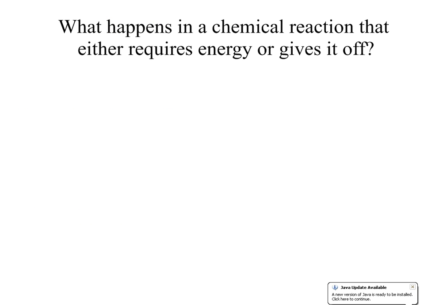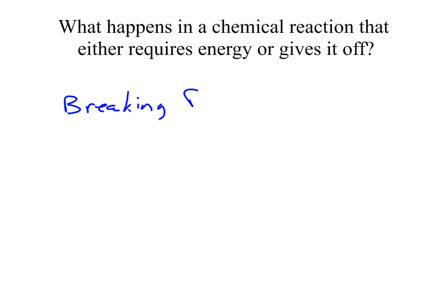So just what happens in a chemical reaction that either requires or gives off energy? Well, if we start with a chemical change, we know that a chemical change involves the breaking and forming of bonds.